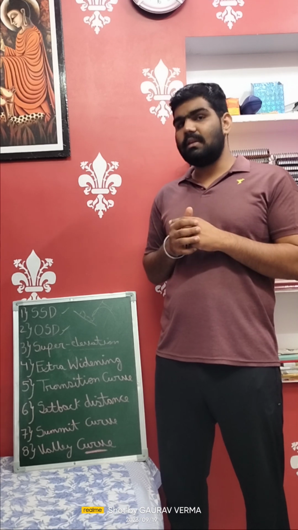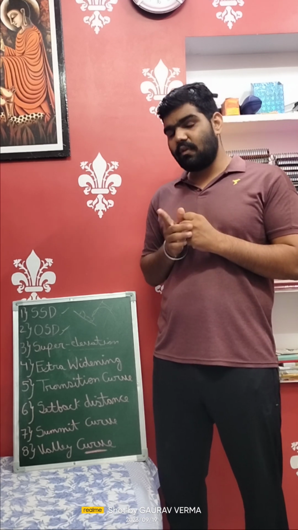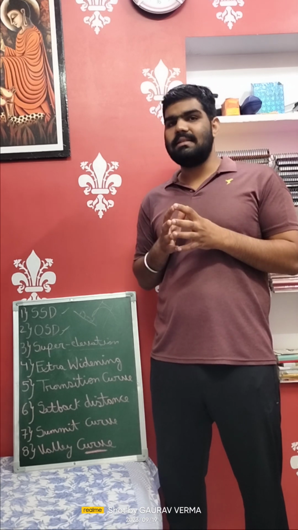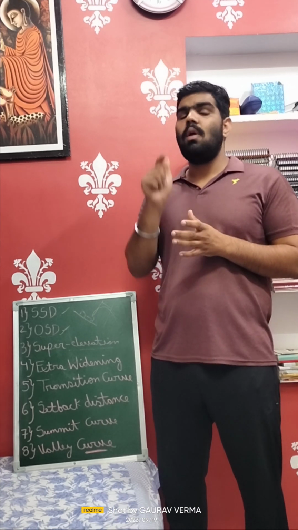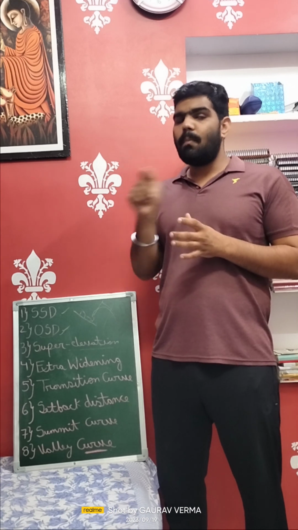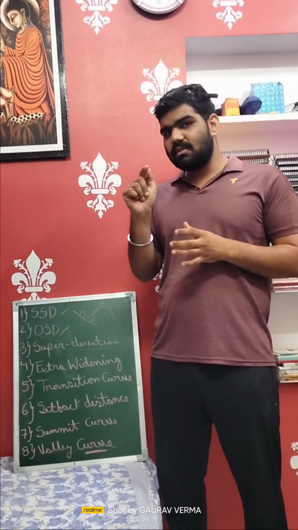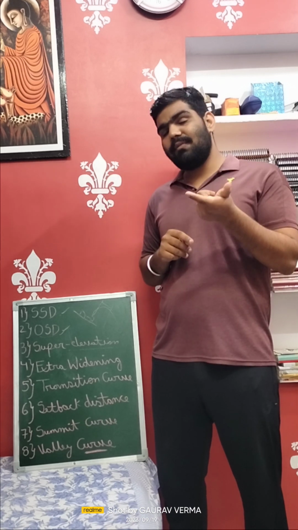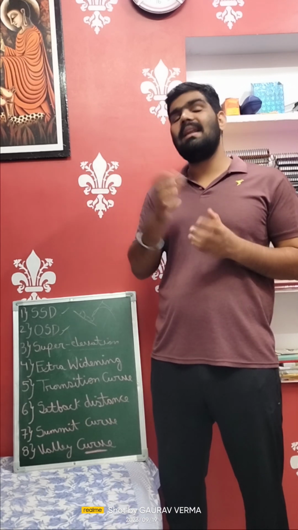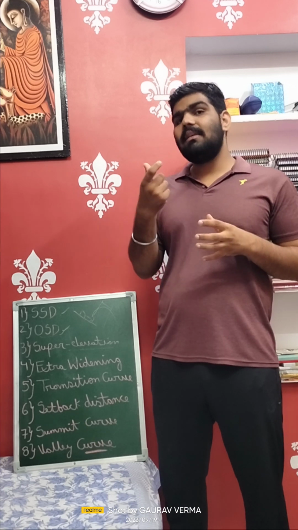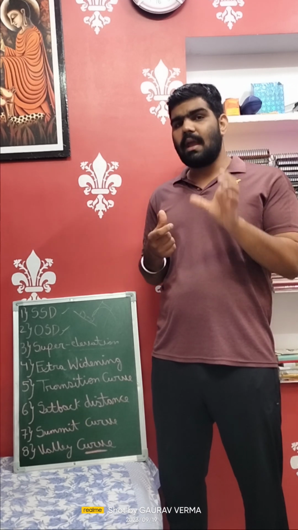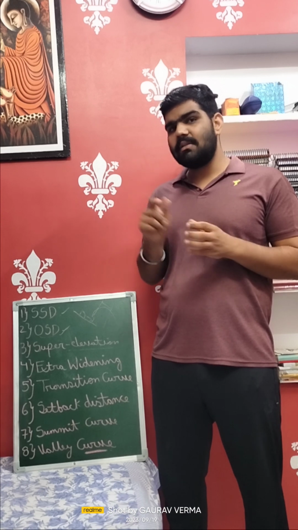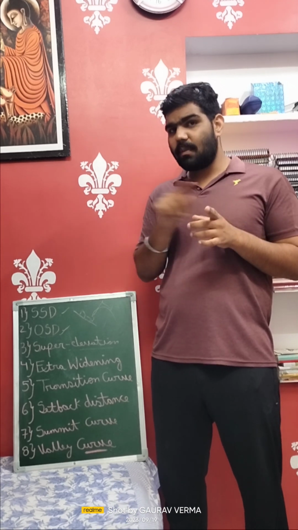First, when the length of summit curve is greater than SSD, L is equal to N S square upon (root 2H plus root 2h) whole square. Okay, this is the first formula. And the second formula is when SSD is greater than Lc, and that formula is L is equal to 2S minus (root 2H plus root 2h) whole square upon N.